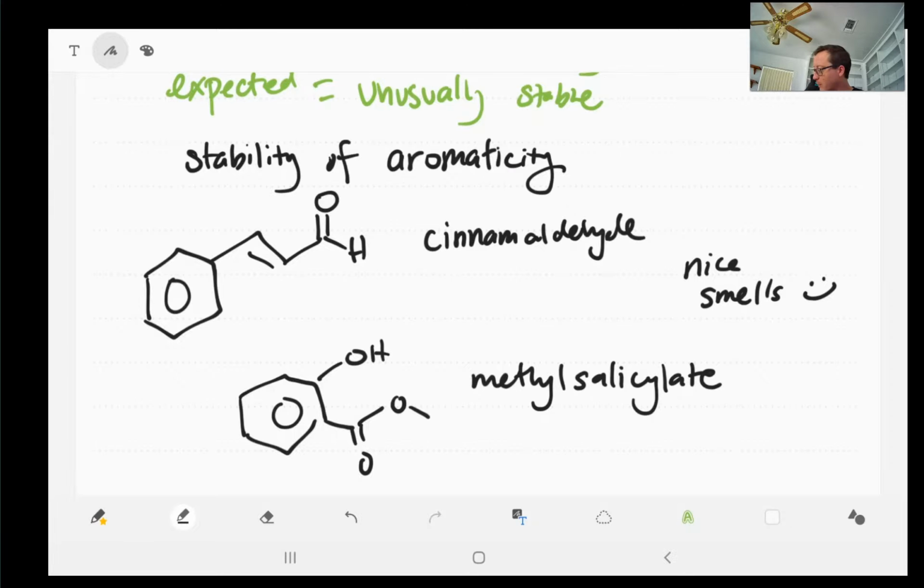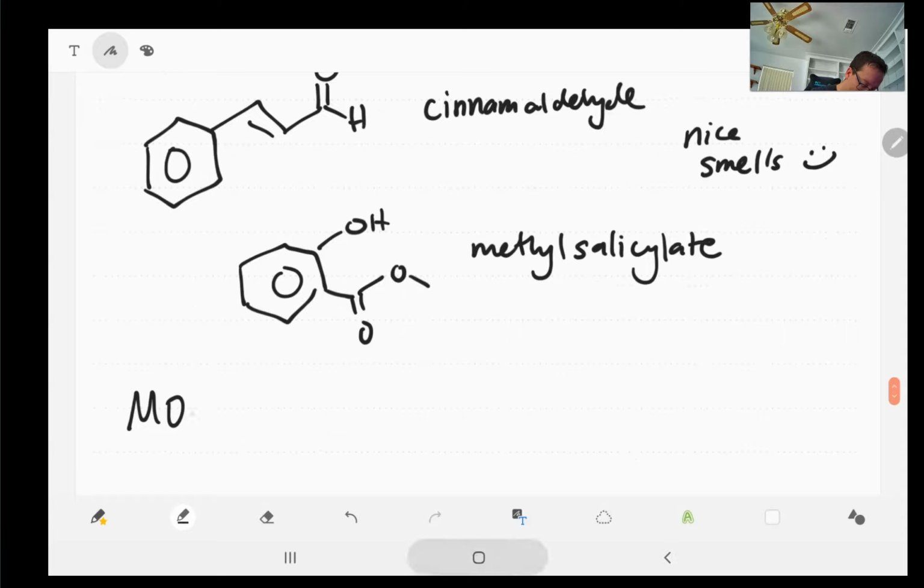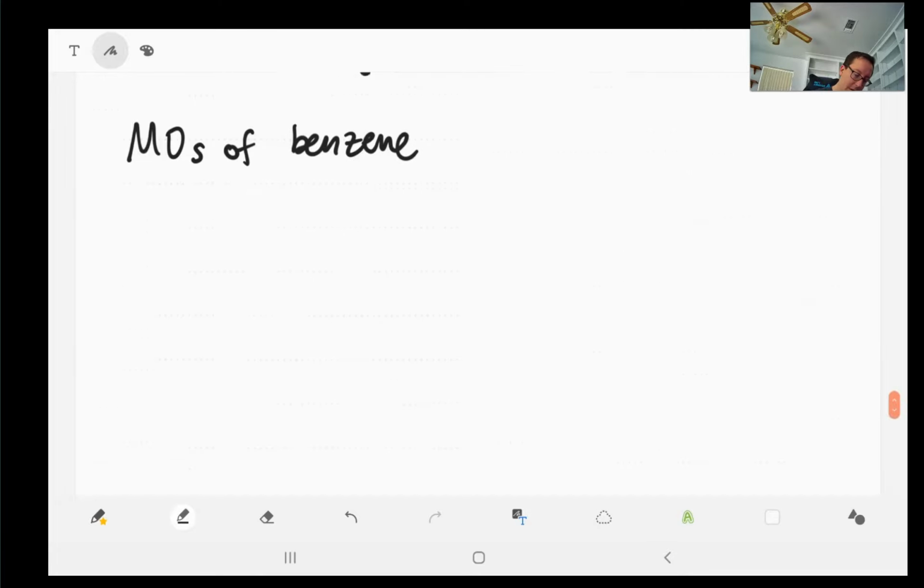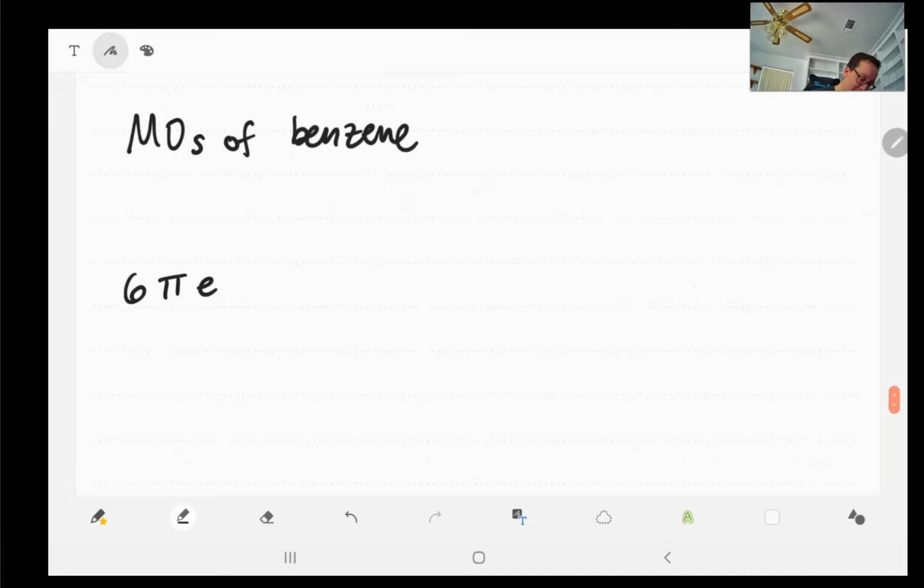So, if we want to think about benzene, we can think about it in terms of molecular orbitals. This is going to be a little bit different because we're looking at a cyclic system. We have 6 pi electrons in benzene, so we're going to have 6 orbitals, but 2 of them are degenerate, and their corresponding antibonding orbitals are also degenerate.